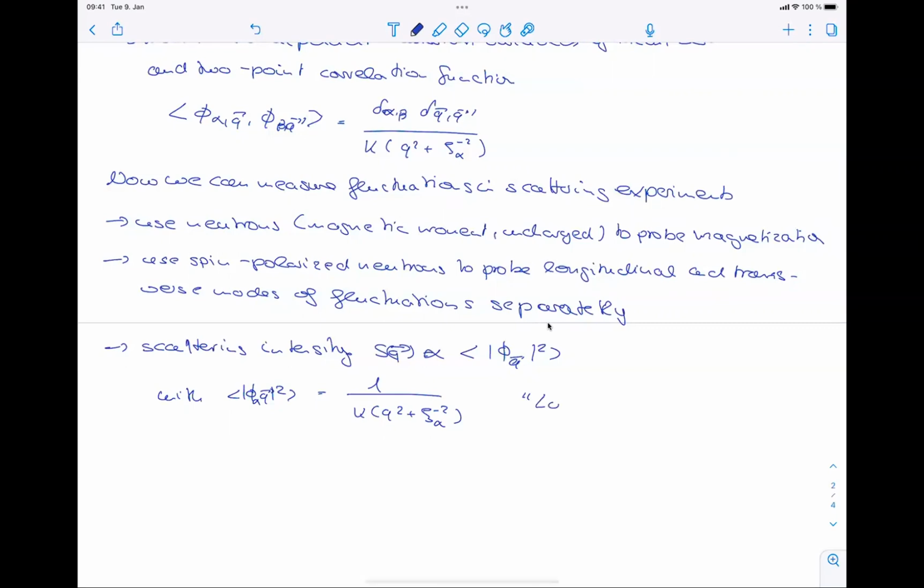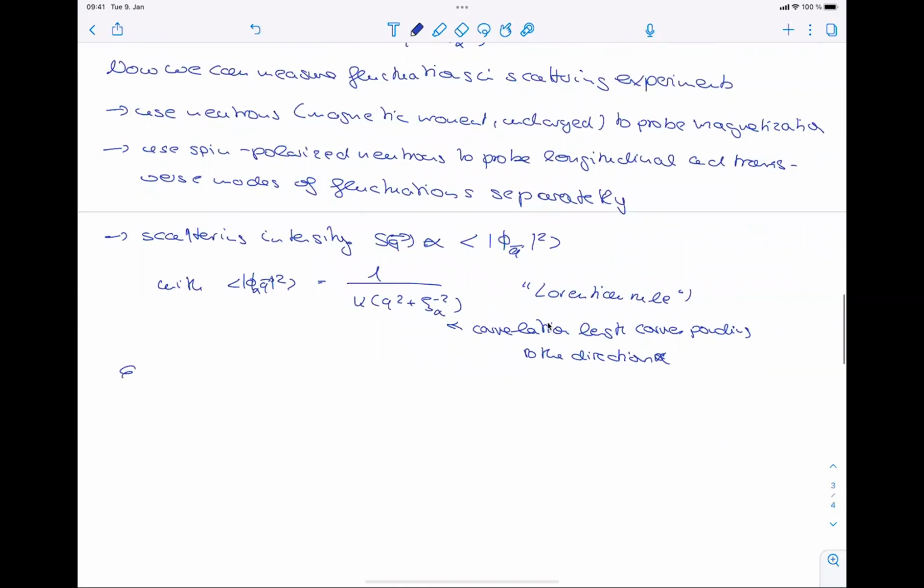And this is the so-called Lorentzian rule. And this is the correlation length to the direction alpha.